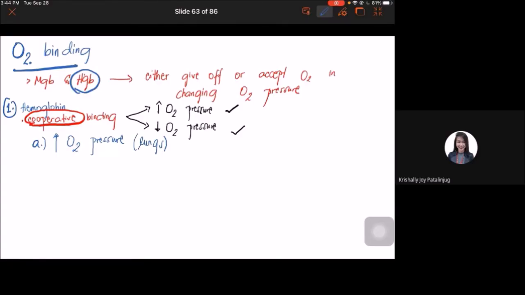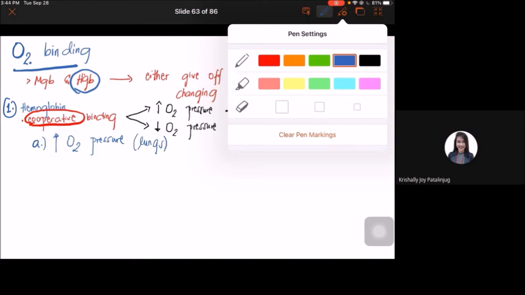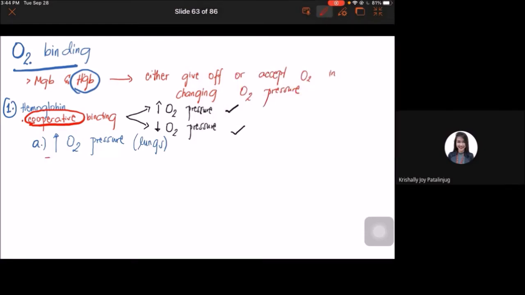So that is an example of an organ rich in oxygen. So the question is, what is the behavior of hemoglobin when the oxygen pressure is high or the surrounding is rich in oxygen? Please take note, the hemoglobin will accept oxygen.